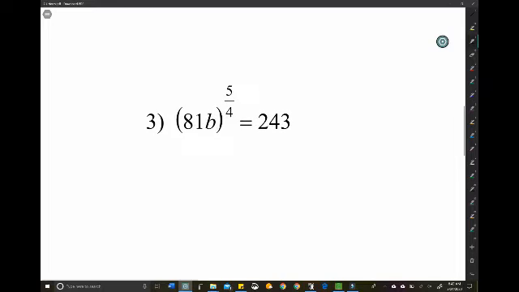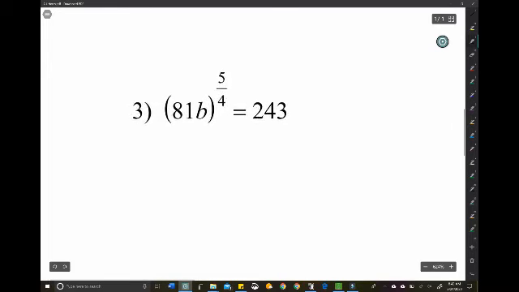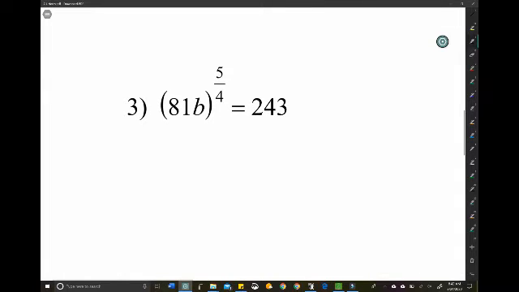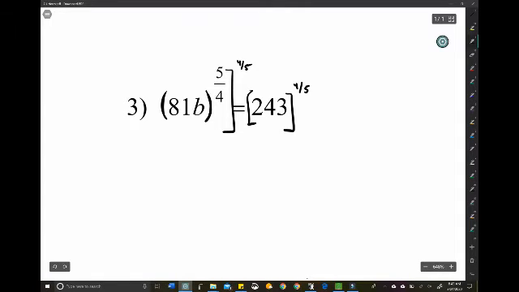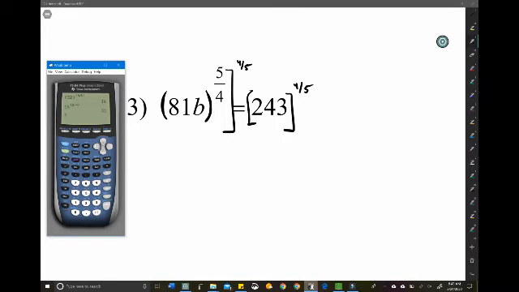Number 3. So now we got a little bit more going on here, but it's going to be okay. First off, our parentheses, that's already taken care of. We can go ahead and raise each side to the 4/5. And yes, I know we're redundant here with 4/5 and such, but that's just the way the problem's working out. So 243 to the 4/5 is equal to 81.